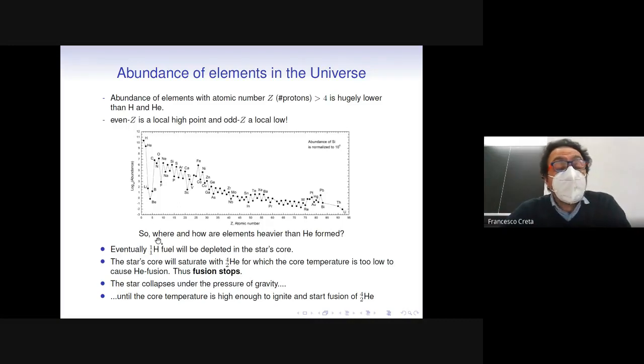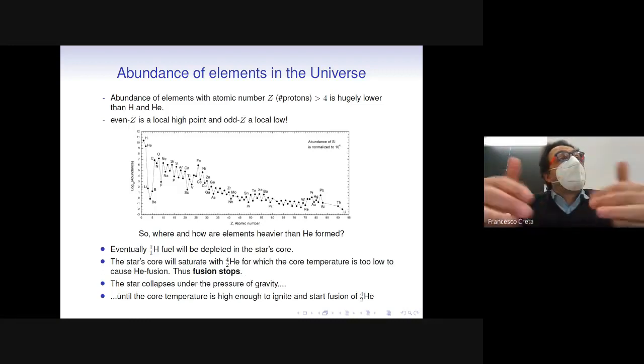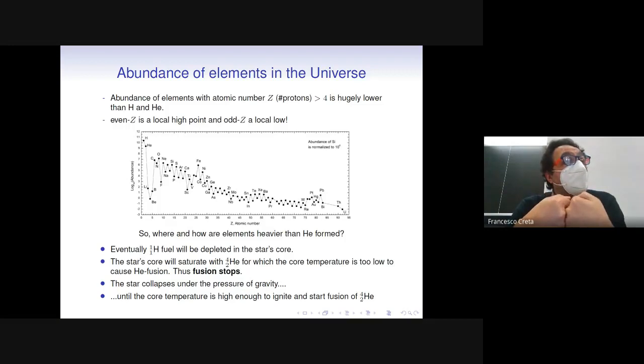Clearly, eventually, all of the hydrogen fuel will be depleted. The star will run out of fuel. And now, what you have is the star will saturate with helium. But clearly now, you cannot say that the fusion will continue for helium because helium is a heavier atom, and so to fuse it, you'll need more energy.